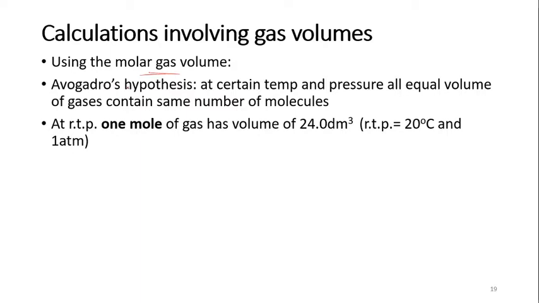So for Avogadro's hypothesis, at a certain temperature and pressure, all gas volumes contain the same number of molecules. So at room temperature and pressure, 1 mole of a gas has a volume of 24 cubic decimeter at temperature 20 degrees centigrade and pressure 1 atmosphere.